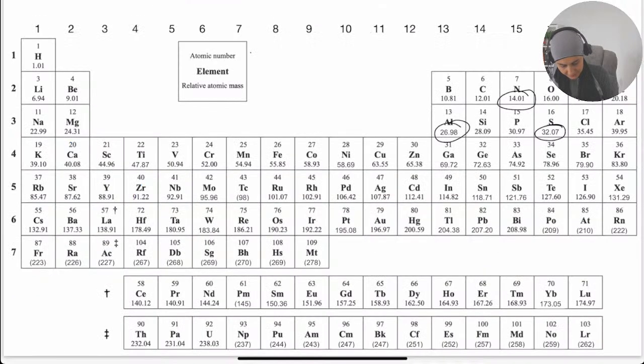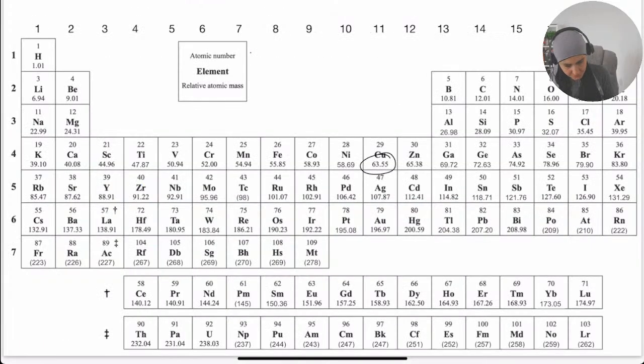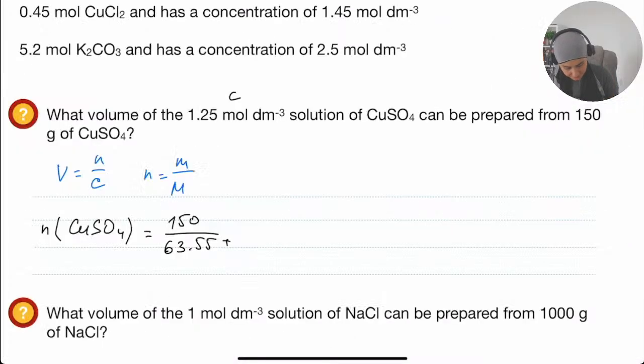Let's find it here. Copper is 63.55. Sulfur 32.07, one sulfur, and 4 oxygens. Oxygens you probably remember by now.